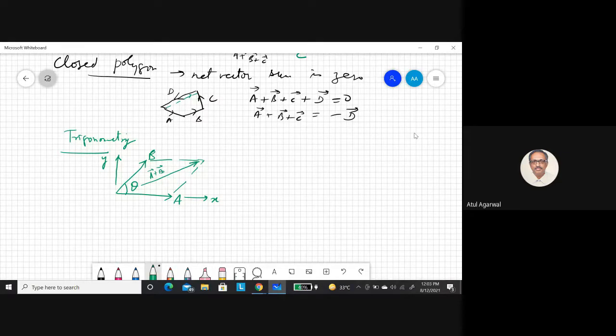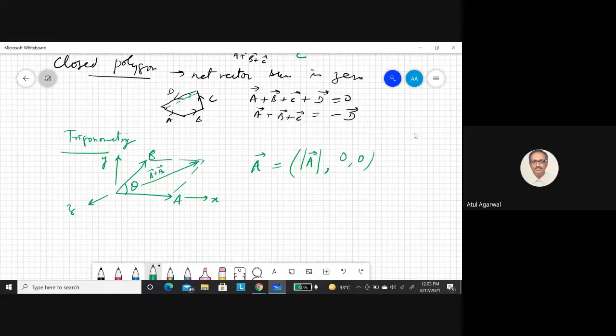Another way of doing it is, this is your vector a. Vector a can be represented by its components. I have taken the x-axis along the direction of vector a. It is in my hands how I choose my coordinate system. So the x-axis is the direction of vector a.